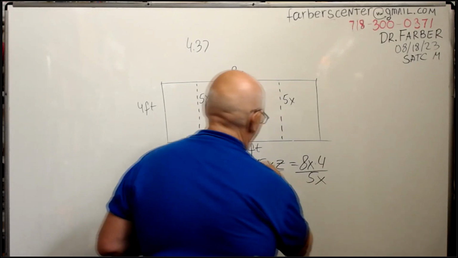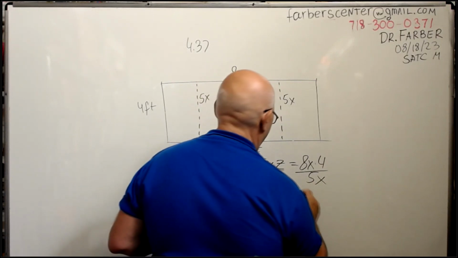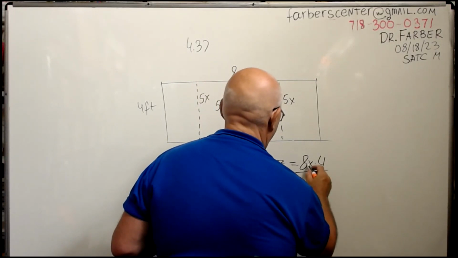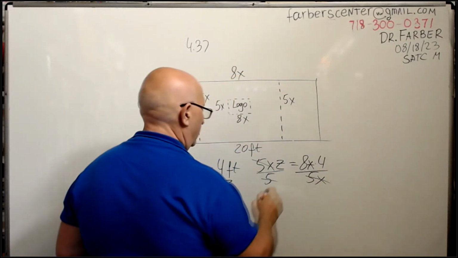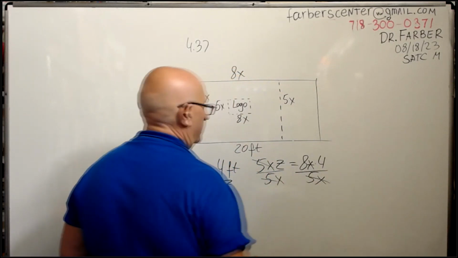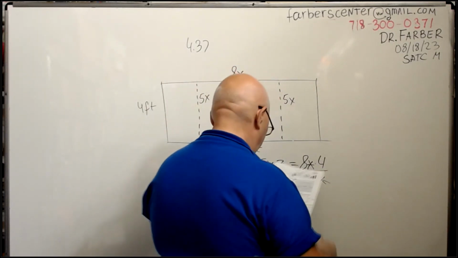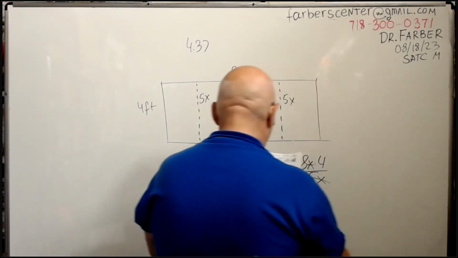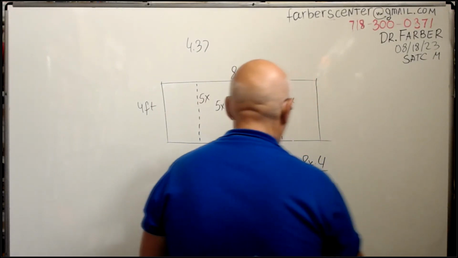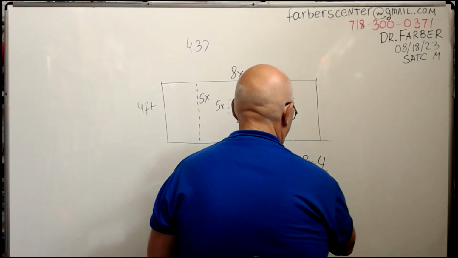Divide by 5x. 5x cancel, cancel, and I got z. Cancel the x's.